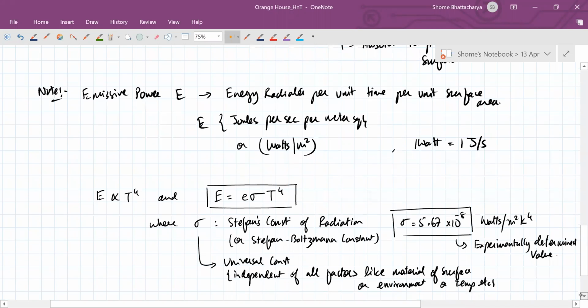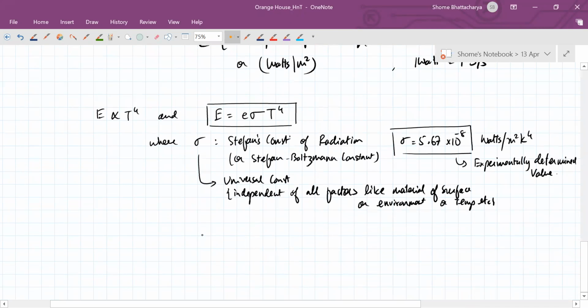Okay, now the other term here, small e. This is called emissivity. And it is a material property. It means it depends on the material of the surface.